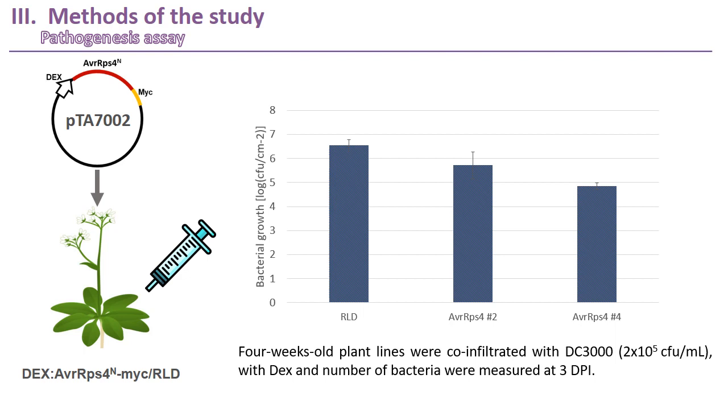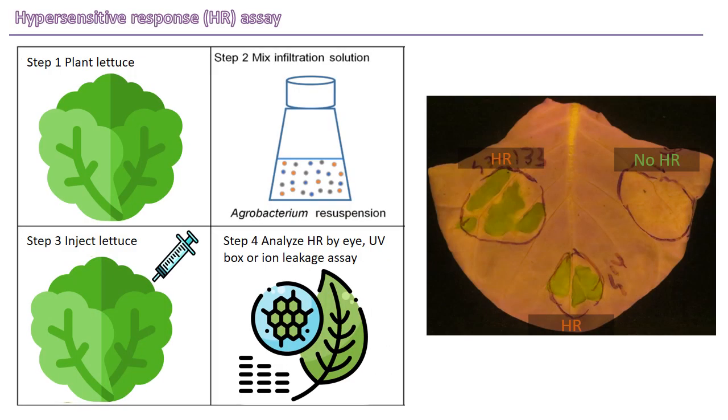So, by using the pathogenesis assays, I can say that my effector can somehow cause a resistance to the plant. And one important thing is that by using this experiment, I can know which plant is resistant, which plant is susceptible to the pathogens. The next method I would like to introduce is hypersensitive response, or HR assay.